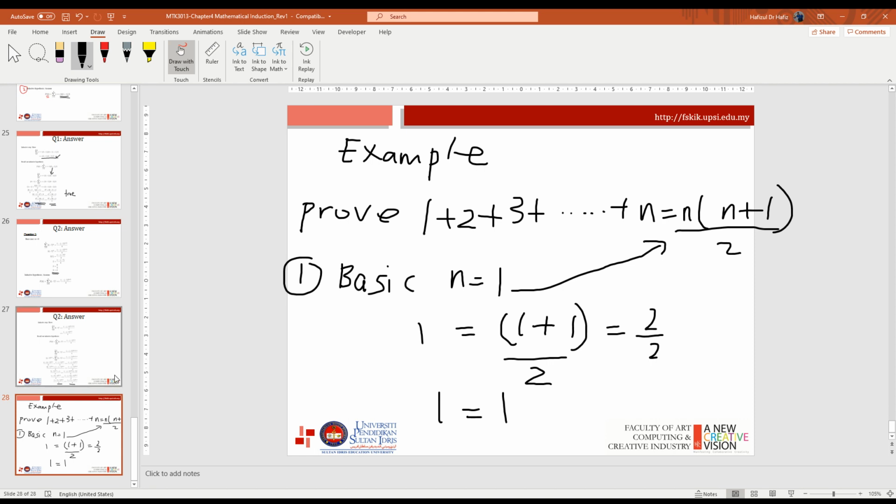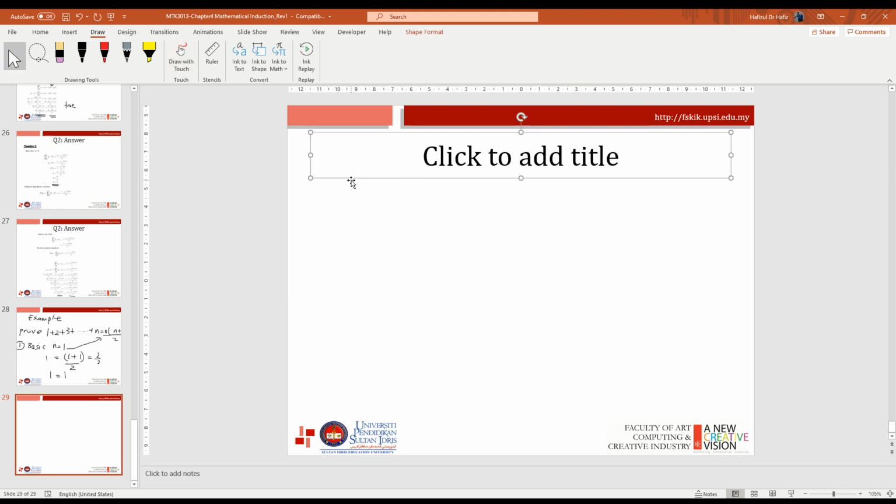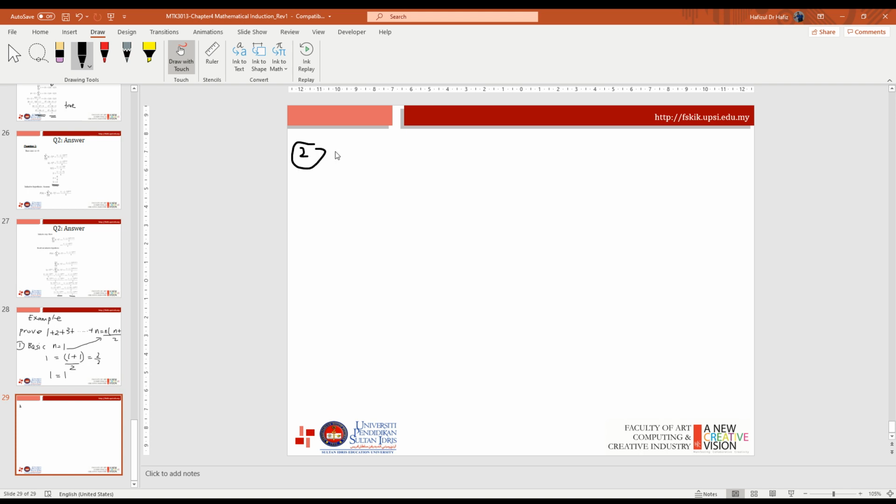And then number 2, what do we have to do? Number 2 is the inductive hypothesis.